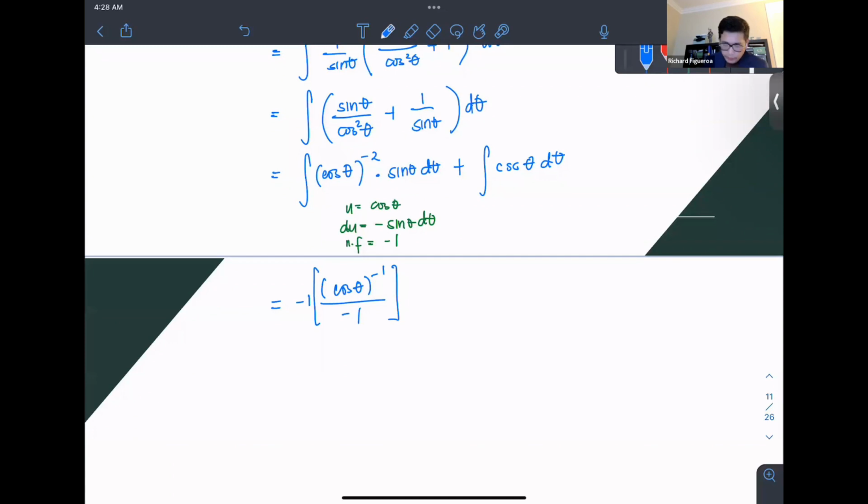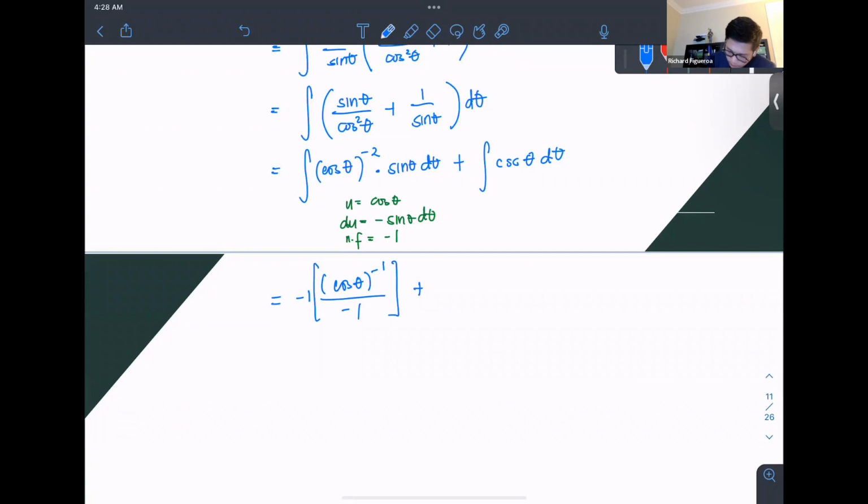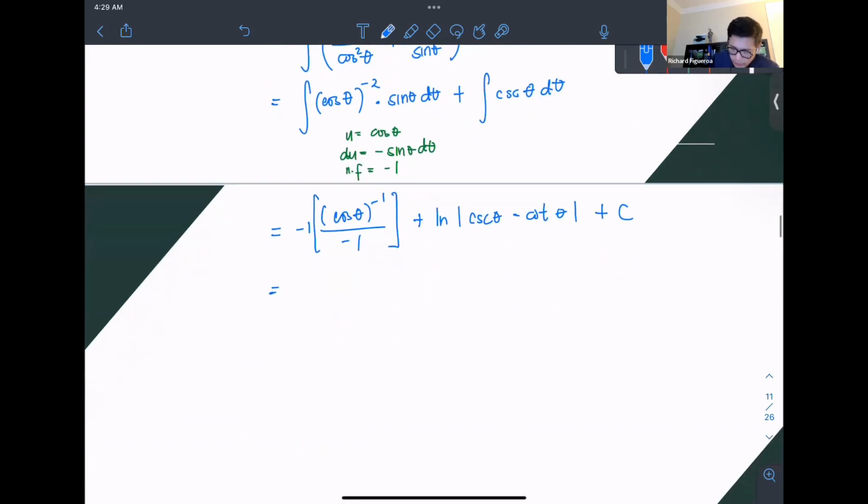And then we have the integral of the cosecant, right? So the integral of cosecant will be plus ln of cosecant theta minus cotangent theta plus C. Or negative and negative, so that would be positive.